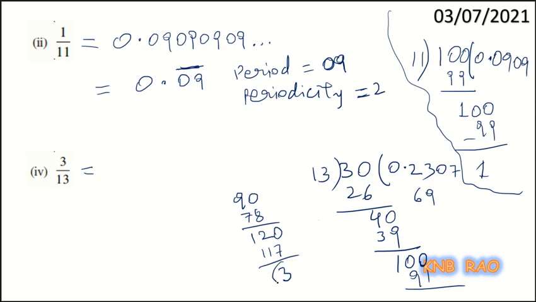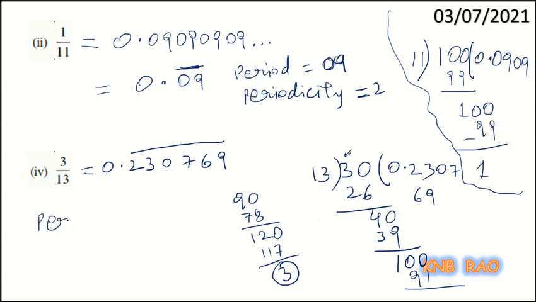Now, I got back the given initial dividend. Okay. So, that means these digits will repeat in the same order. So, I can write this now 0.23076 bar. If I continue further, again same digits will come in the same order 230769, 230769.